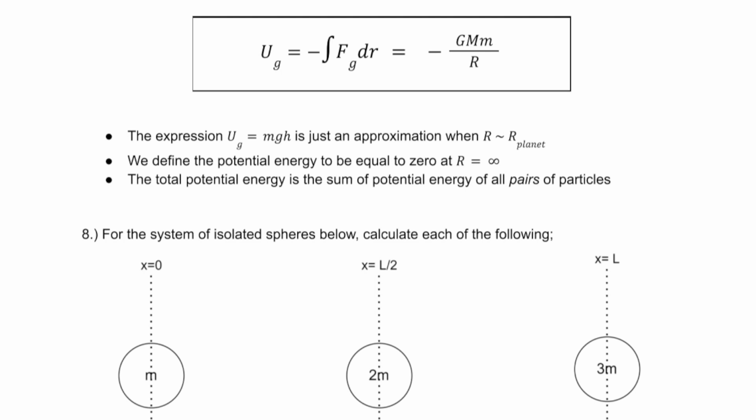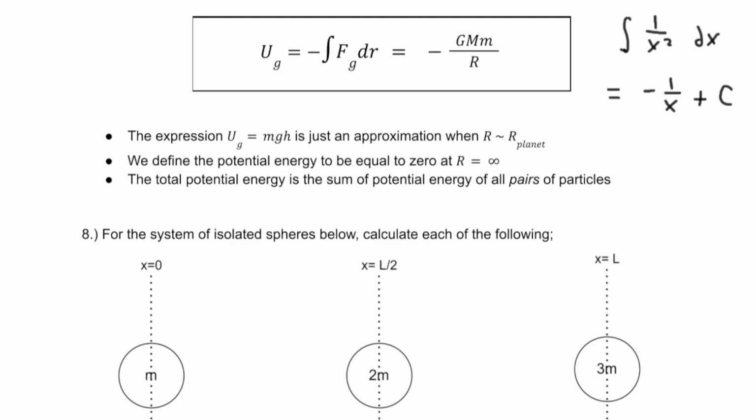So in doing that, we see that the GMm over r squared turns into a GMm over r, because the integral of 1 over x squared dx is just going to be equal to negative 1 over x plus c.